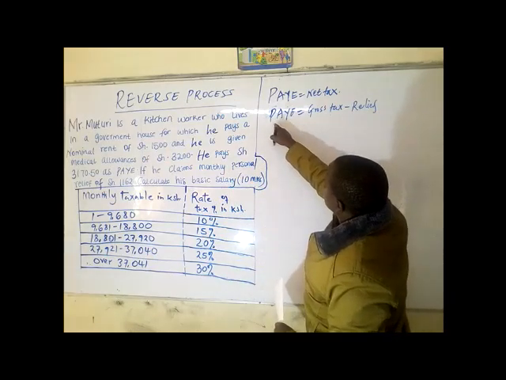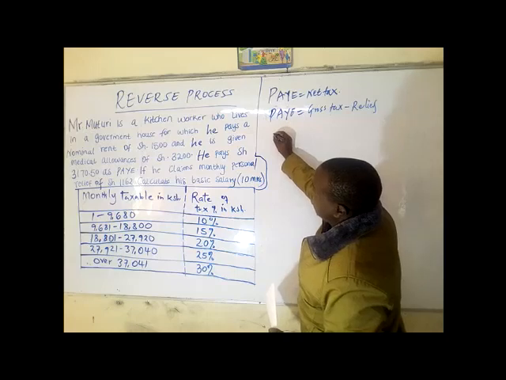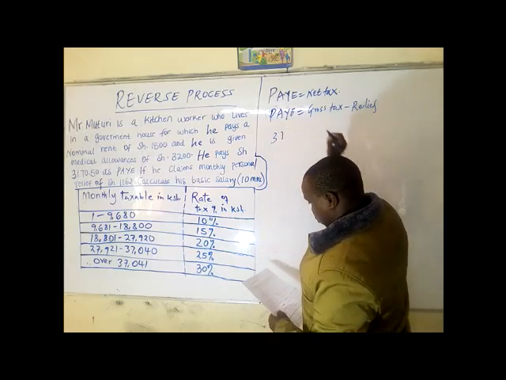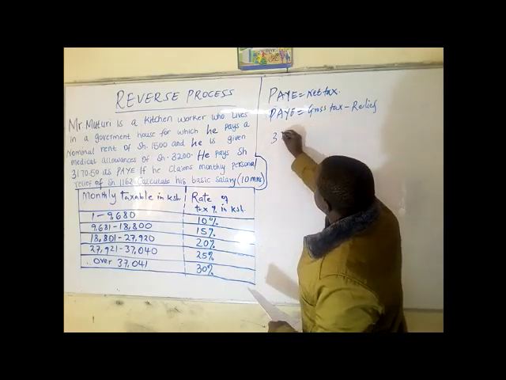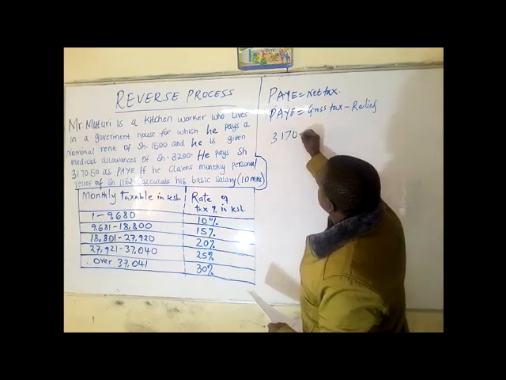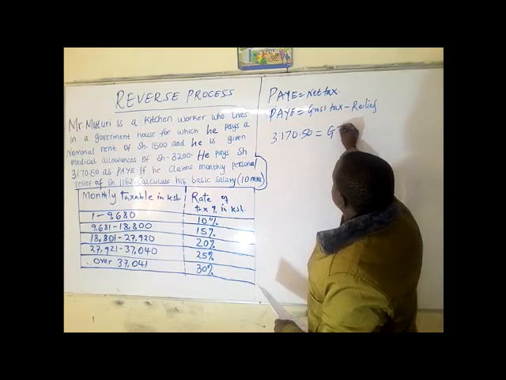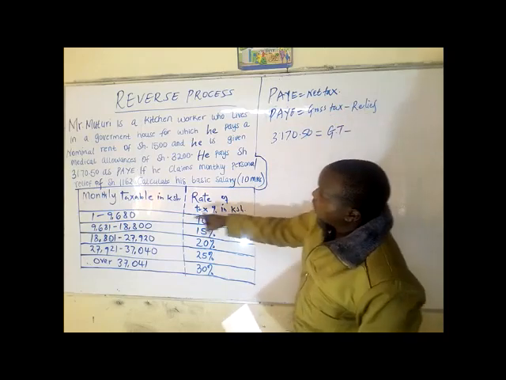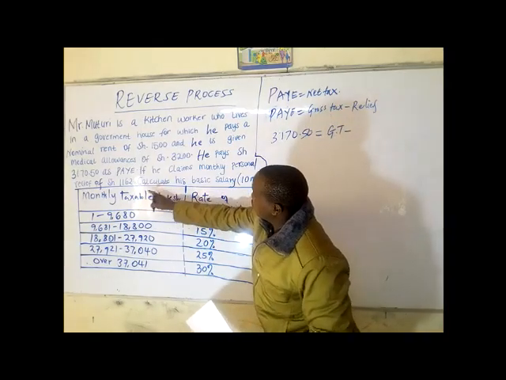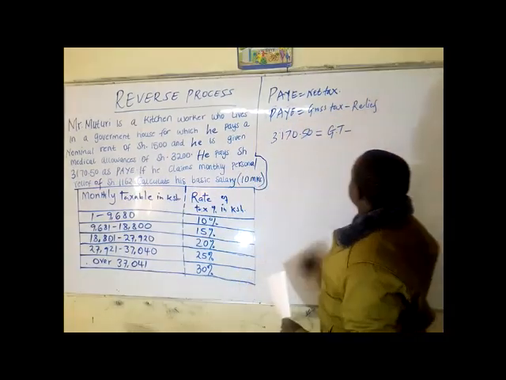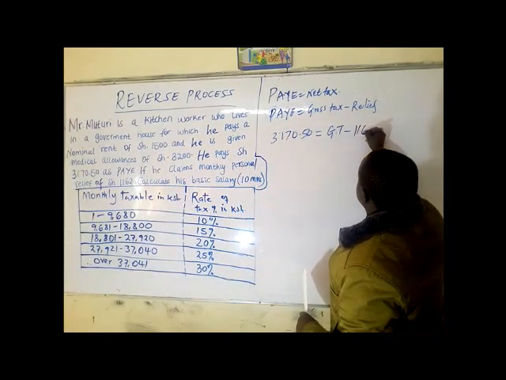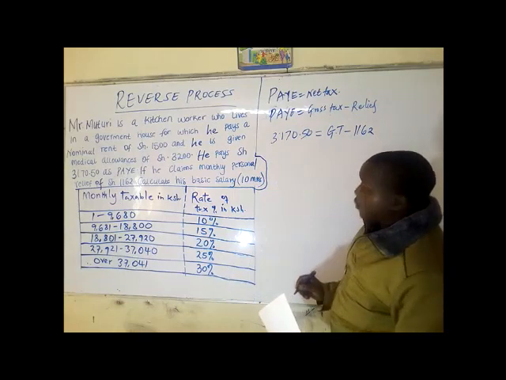So PAYE, we have been given, is 3,170.50, which is equal to gross tax minus relief, and we have our relief. The relief of Muturi is 1,162. So minus 1,162. We put like terms together.